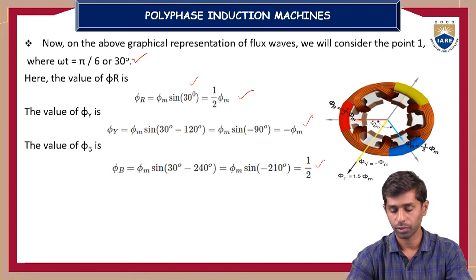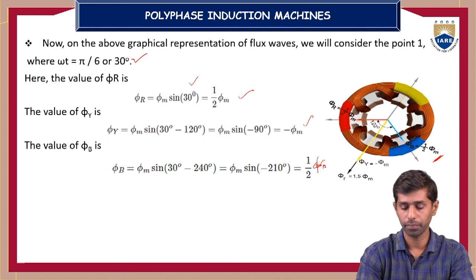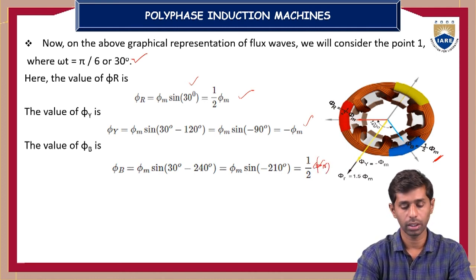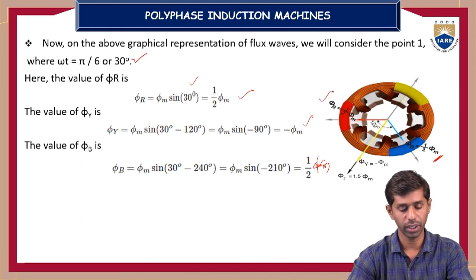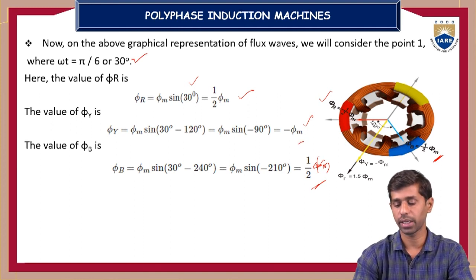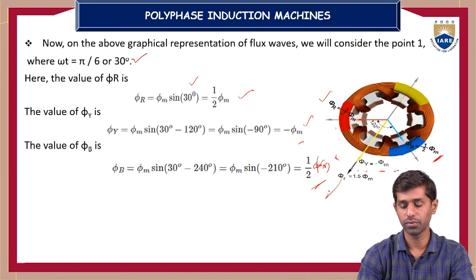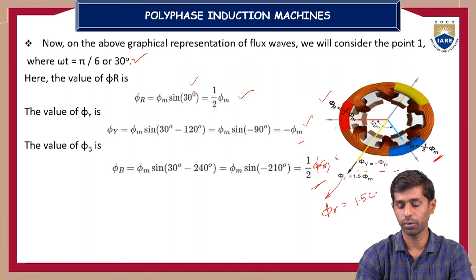So here the B phase is 1 by 2 phi m, the R phase is also 1 by 2 phi m, and the value of the Y phase is minus phi m. Now the vector combination of these three gives you the resultant flux phi r equal to 1.5 times the maximum flux.